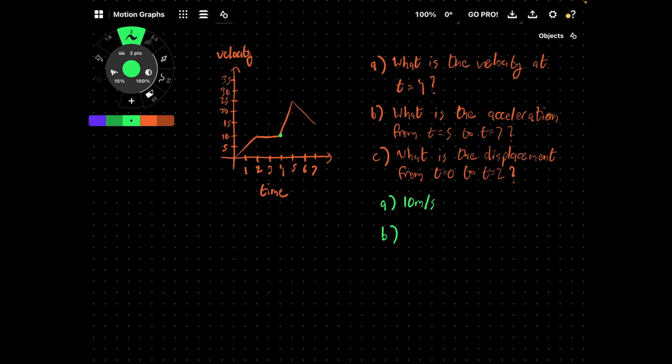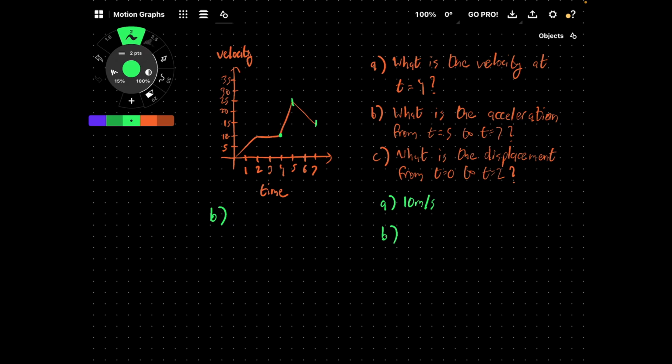For part B, I'll also put it over here. What is the acceleration from t is equal to 5 to t is equal to 7? What we have is we're starting at 25 and ending at 15 meters per second for velocity, and we're starting at 5 seconds and we're ending at 7 seconds.